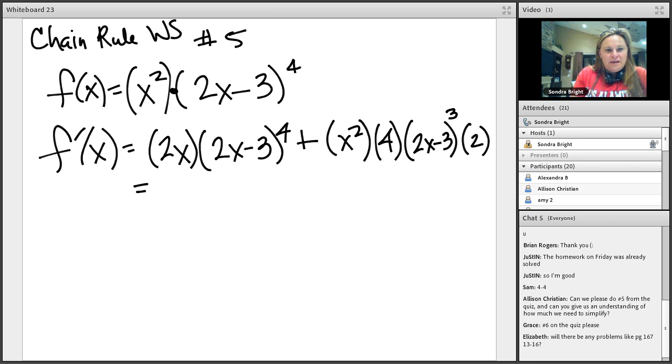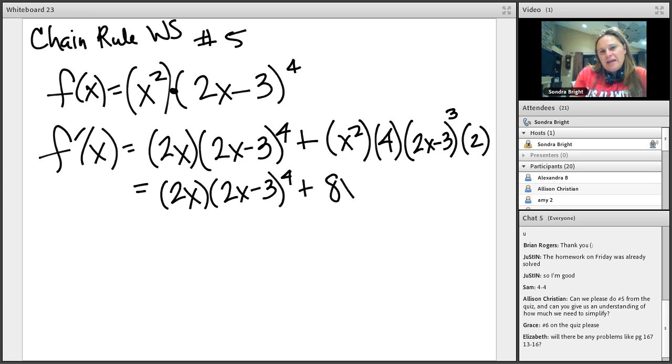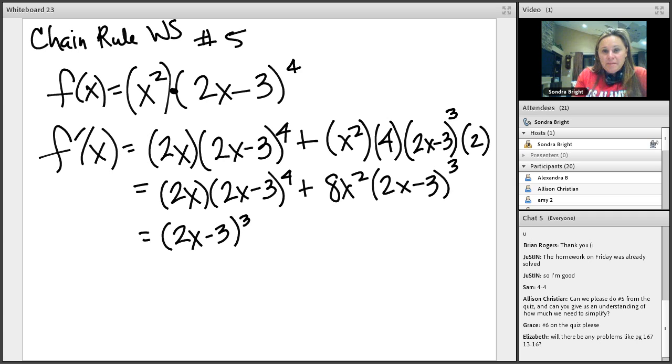So this is a 2x times 2x minus 3 to the 4th plus 8x squared times 2x minus 3 to the 3rd. If you see, there is a 2x minus 3 to the 3rd in common.